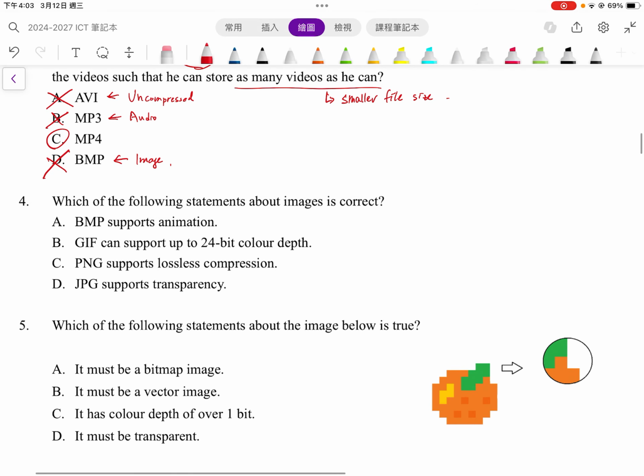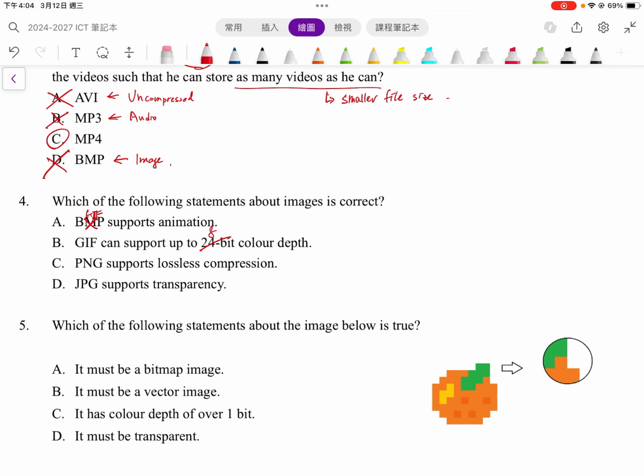So question number 4. About images, which statement is correct? So we also can work it one by one. BMP supports animation, which is wrong because only GIF supports animation. And then option B, GIF can support up to 24 color depth.